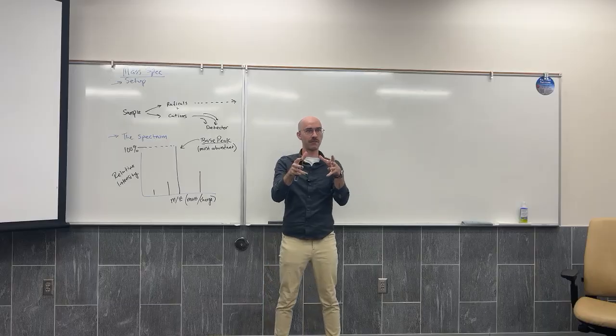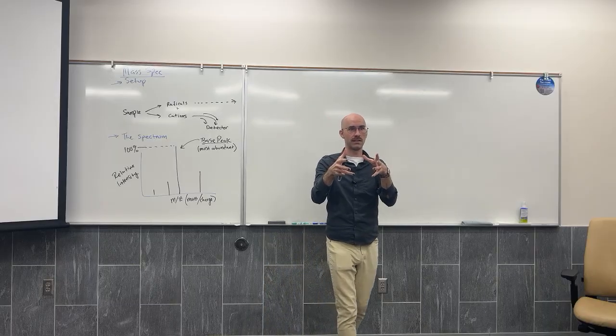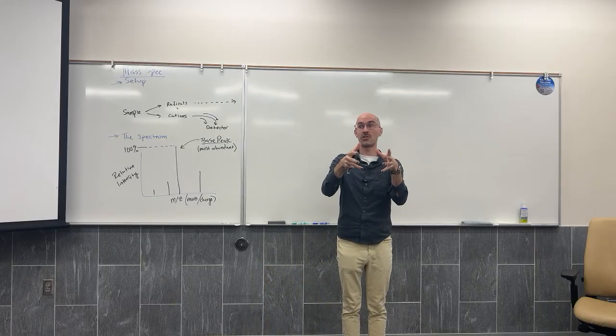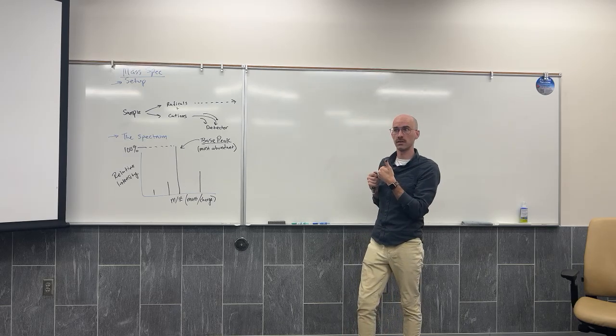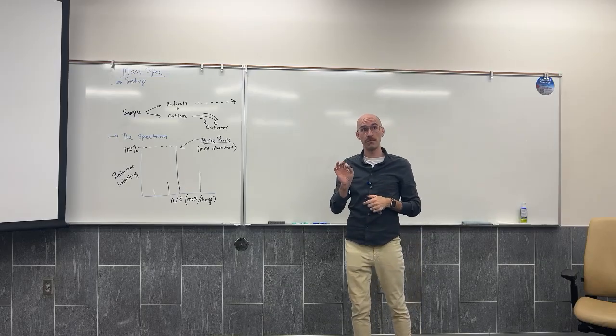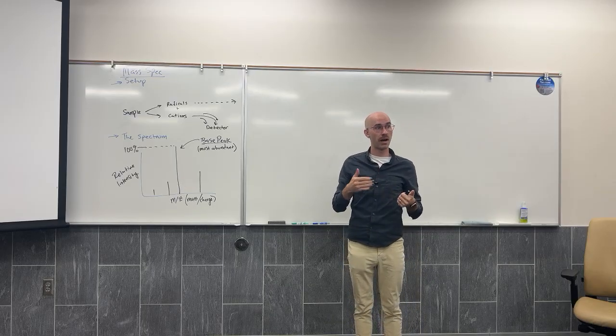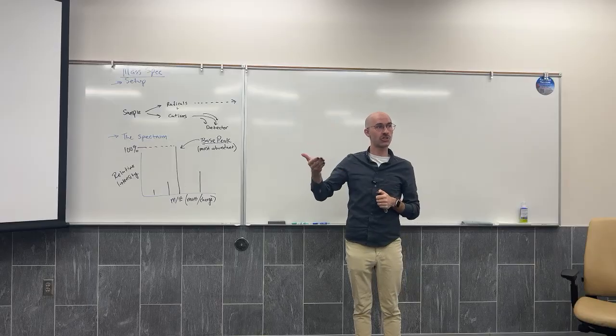But if that same fragment, the same mass, has twice as much charge, my magnetic field has twice as much force on it. We're thinking of these as magnets, right? And a +1 magnet is weaker. A +2 magnet is stronger.